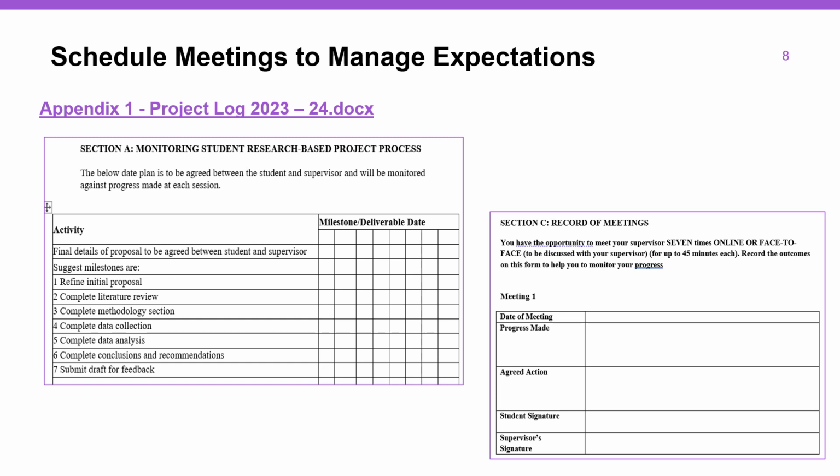The agreed actions are those that need to be taken, and then the students and supervisor will sign it in the next meeting, for example. Or maybe you want to do this record of meetings at the end of your supervision. It's always good practice. Action points could include when your next meeting is, so students don't have to email you and chase you for meetings.